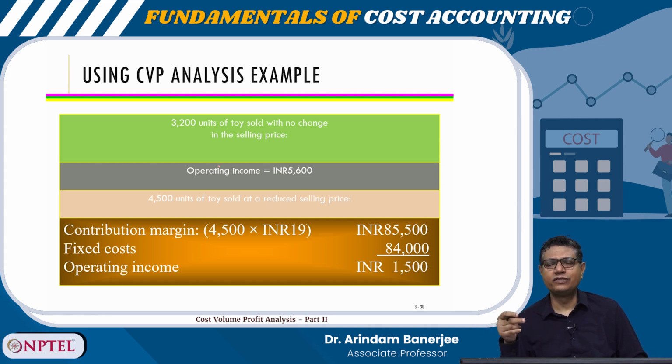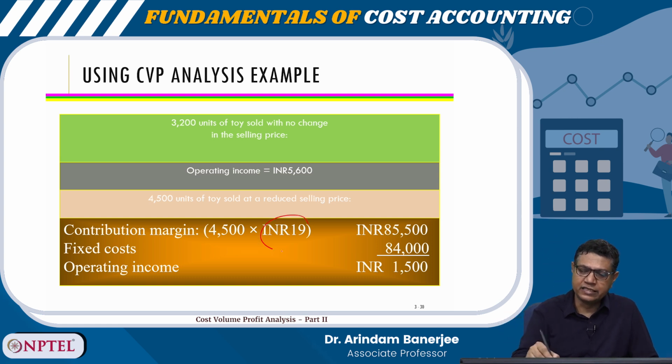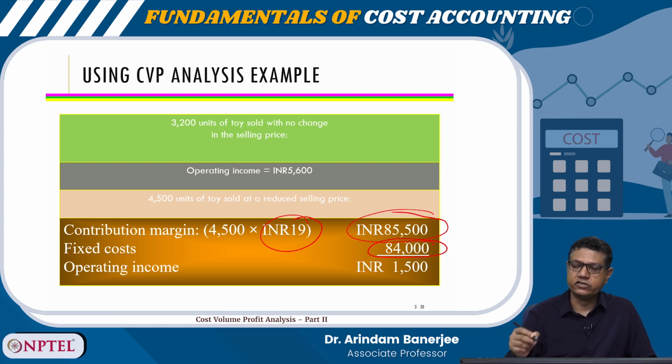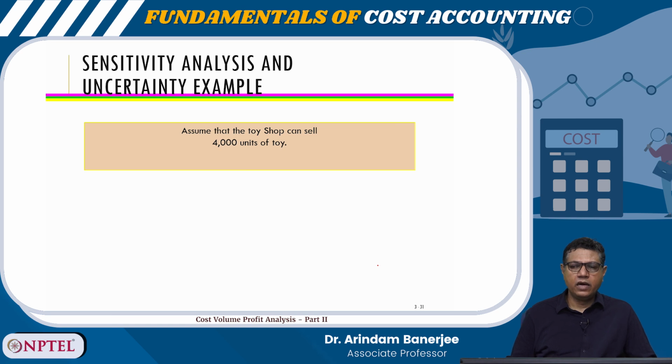Because the company is reducing the selling price, the total contribution margin will also decrease, but fixed cost will not change. If you observe here, in this case it is no change, and my operating income getting reduced, it is becoming 1,500.